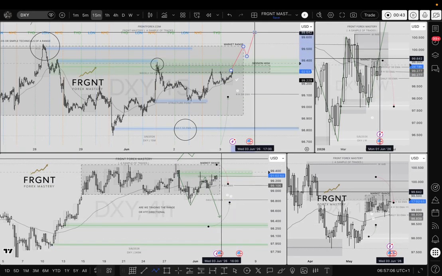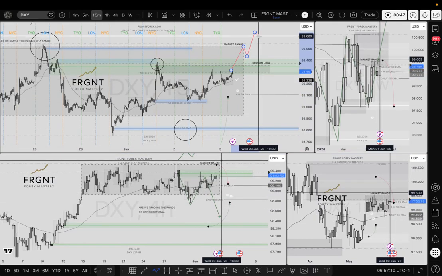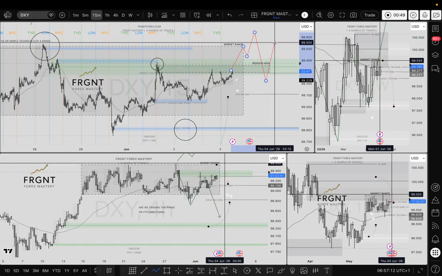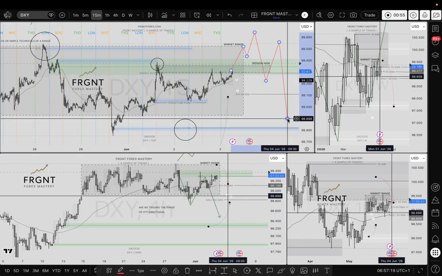Price looks to break out, much like we had down here on the 4-hour time frame, solely then to break back in, potentially giving us a little entry criteria on the DXY for us to look for a DXY short. That's a potential way of looking at DXY at the moment.